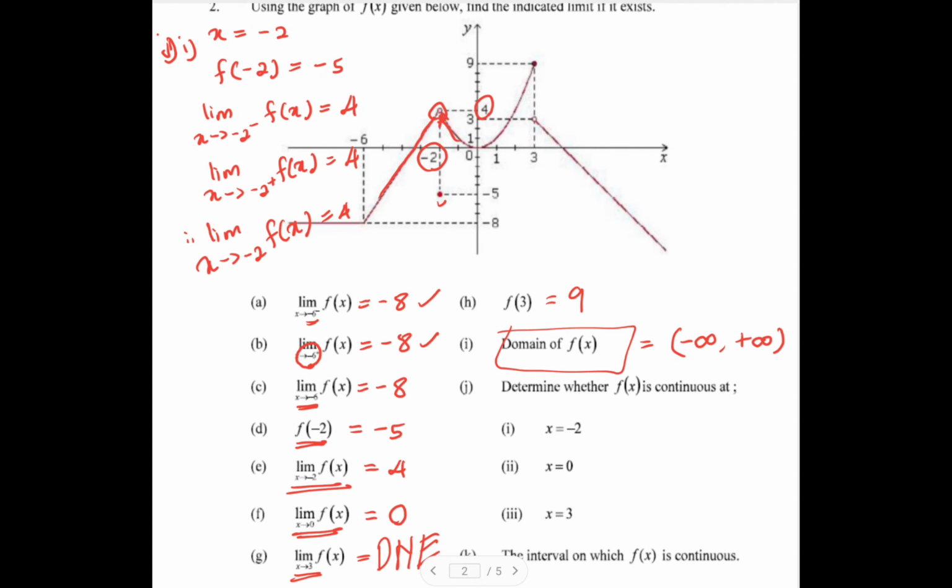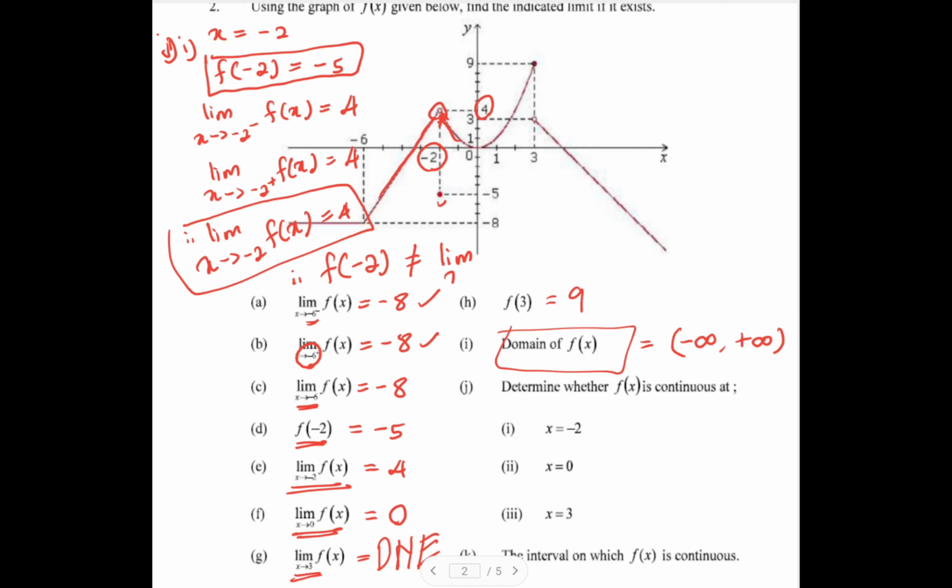And now we can see that f(negative 2) equals negative 5, but the limit equals 4, which means f(negative 2) is not equal to the limit as x approaches negative 2 for f(x).